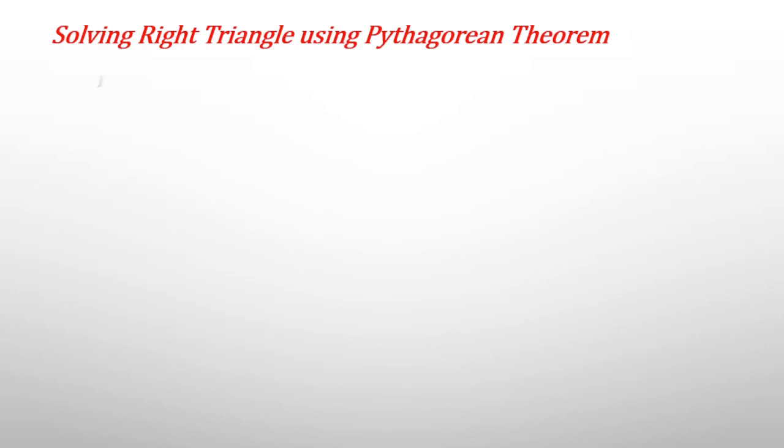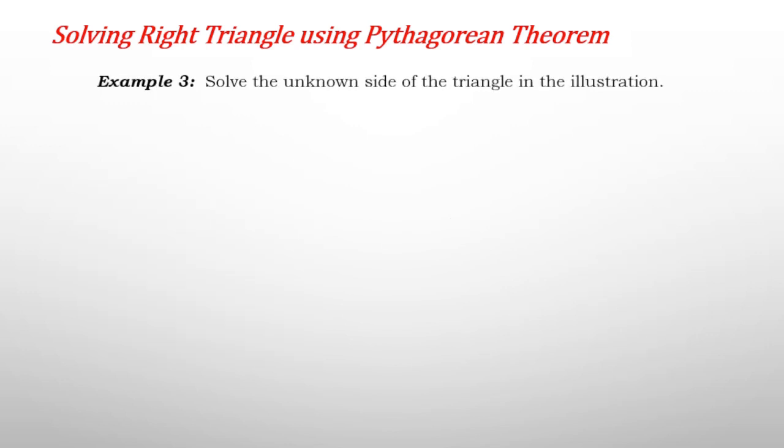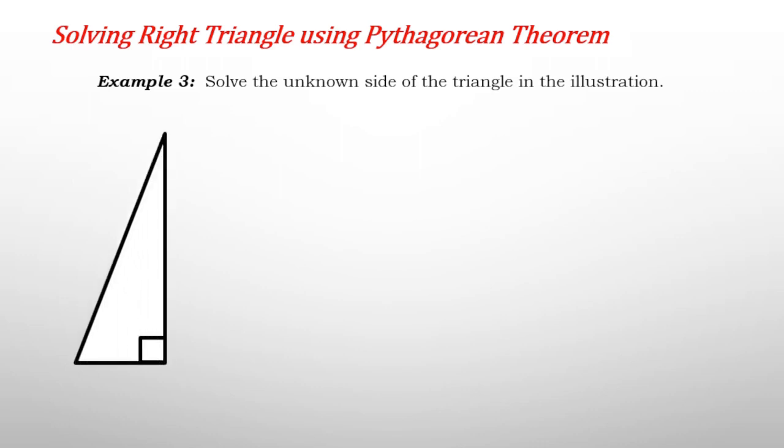Example number 3. Solve the unknown side of a right triangle in the illustration. So this is our right triangle whose hypotenuse is 60, one leg is 48, and the other leg is unknown, which is x. First, we are going to let A be our x, let B be equal to 48, and let C be equal to 60.